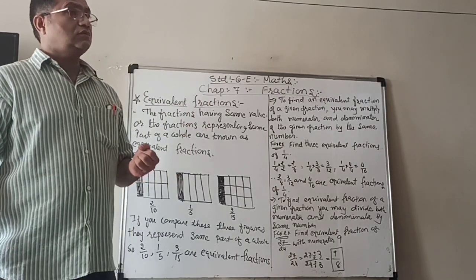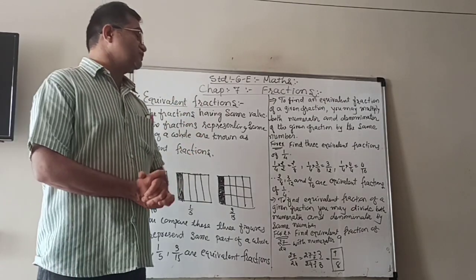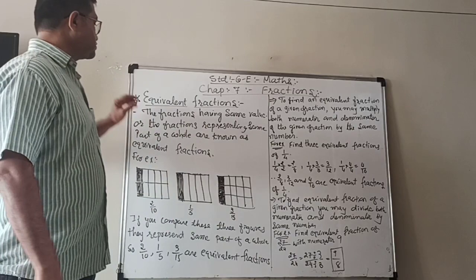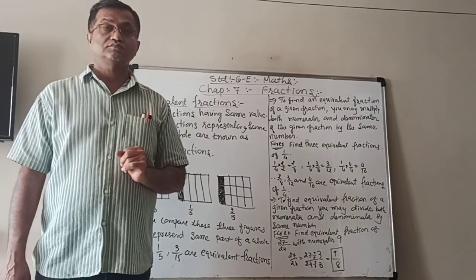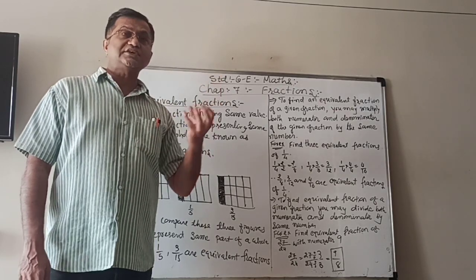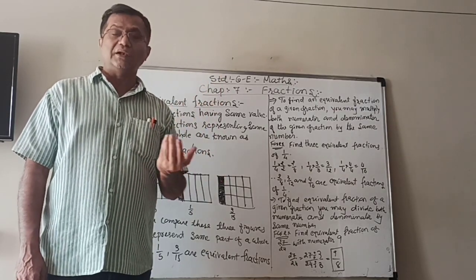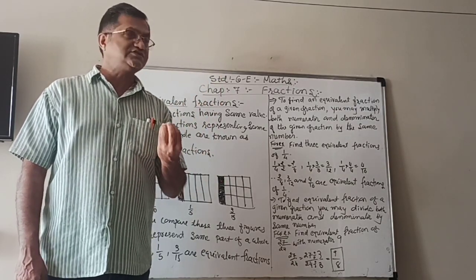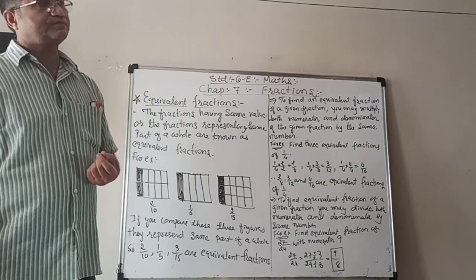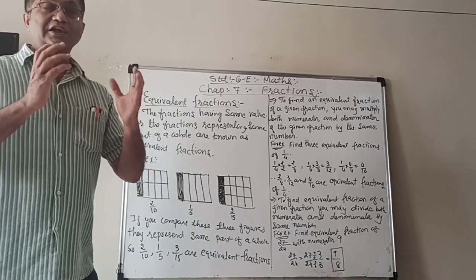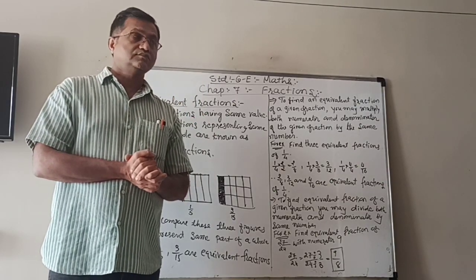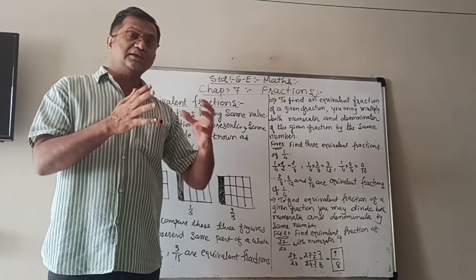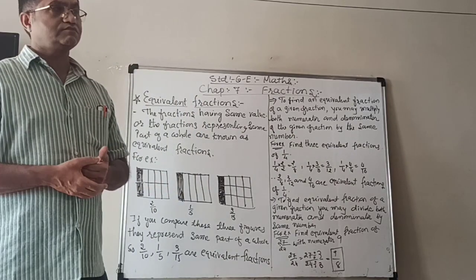Now, extending the knowledge, we are learning today about equivalent fractions. You can understand from the name also, equi means equal, means those fractions whose values are the same. It means they are written in different ways.